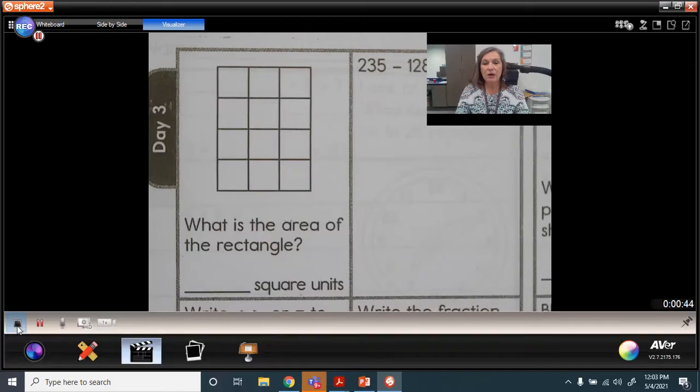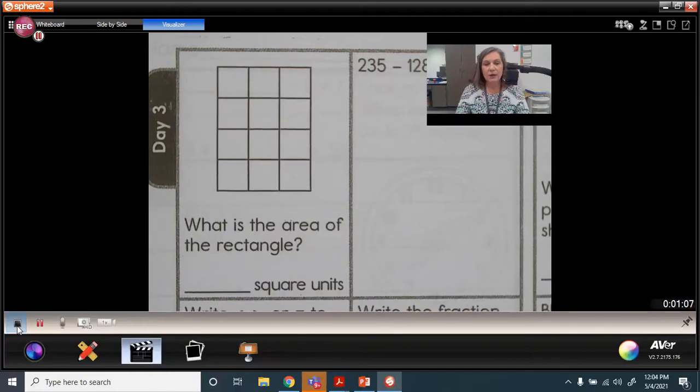Remember, arrays are objects that are being placed into rows. In this case, we have some squares that are being placed into equal groups or equal rows. So the rows are the groups, and the number of squares in each row are the objects in the array.